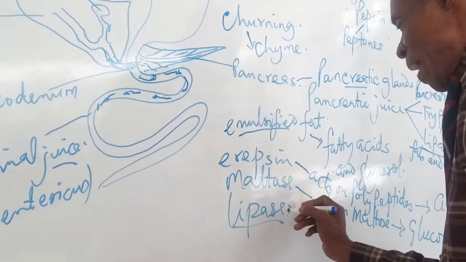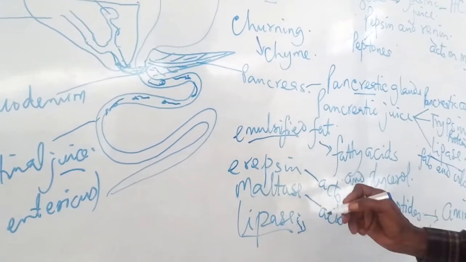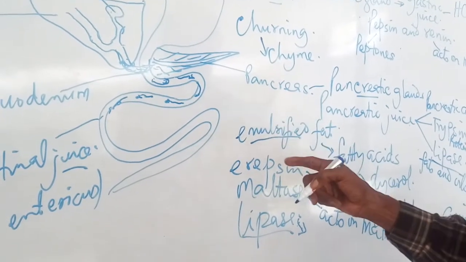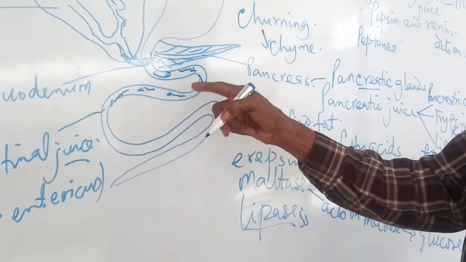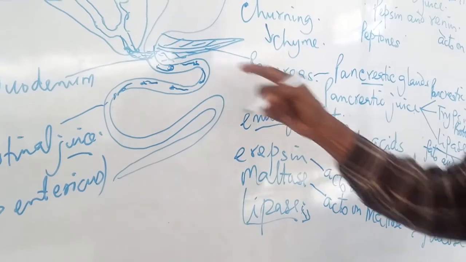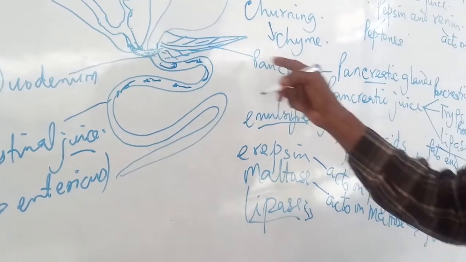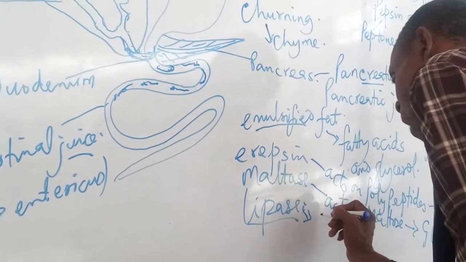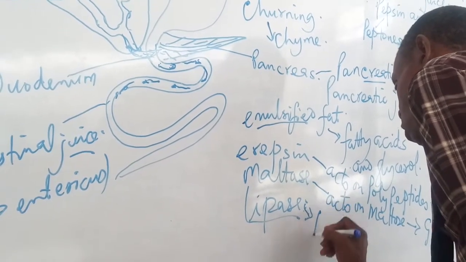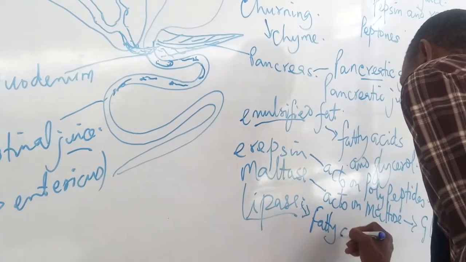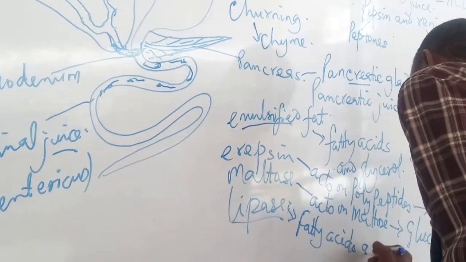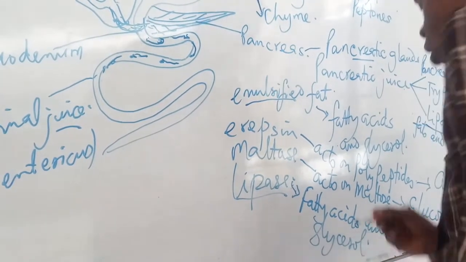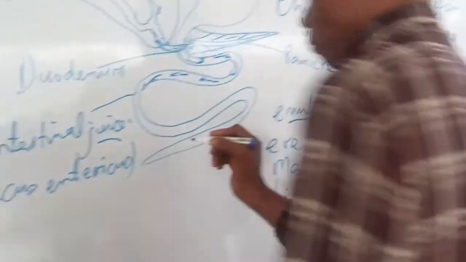And the lipase here acts on some of the emulsified parts where the digestion was not complete at the duodenum level, and it changes them into fatty acids and glycerol, which is the end product of fat digestion.